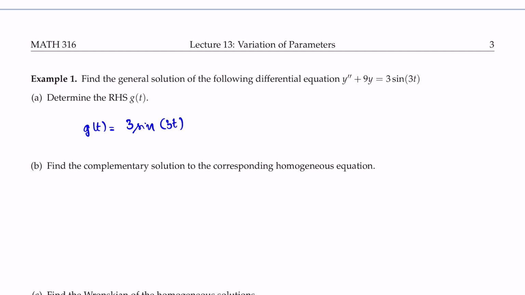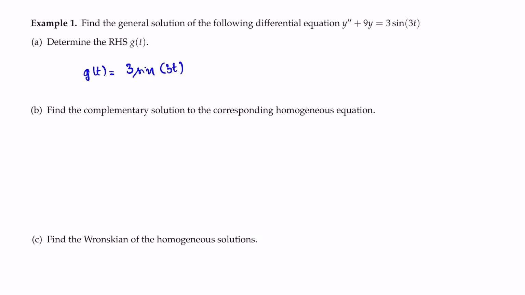Okay. Then part B is to find the complementary solutions, or the homogeneous solutions, to the corresponding homogeneous equation. That is, the homogeneous equation is y double prime plus 9y equal to 0.